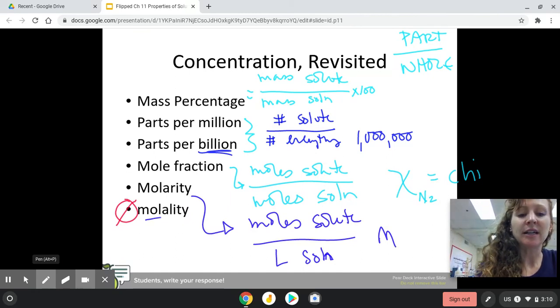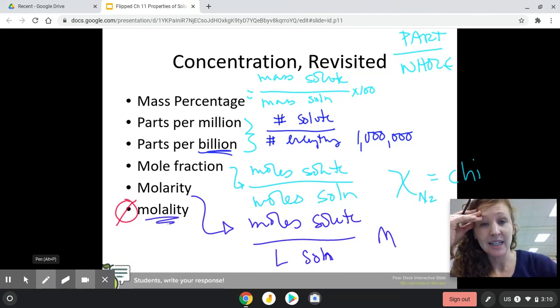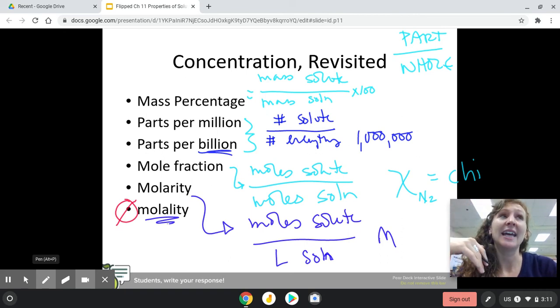Now, molality comes up once in one equation that we deal with, which is why we're not going to put a huge emphasis on learning molality. And actually, you don't even need to be able to calculate through the equation that involves molality. For the record, it's just another way to talk about concentration.